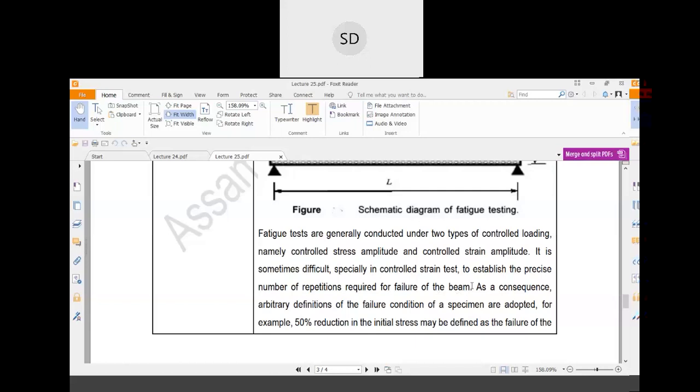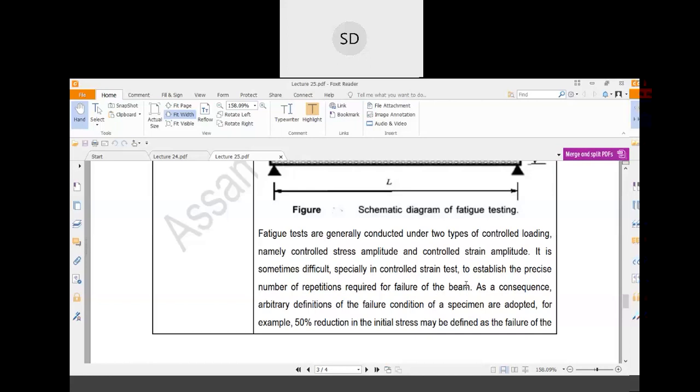Researchers feel that establishing the precise number of repetitions required for failure is very difficult in the strain control test. As a consequence, an arbitrary definition of the failure condition of a specimen is adopted.